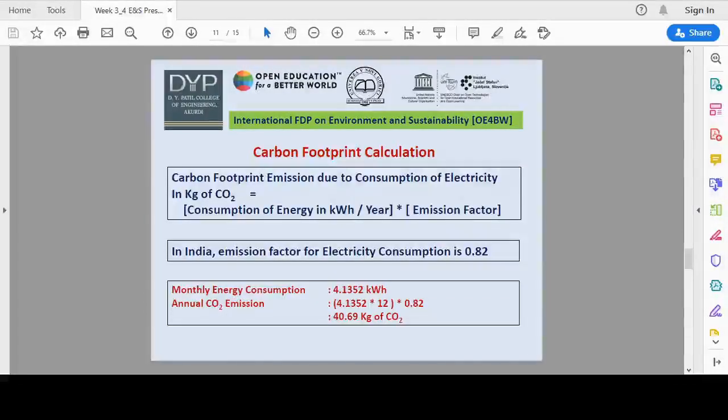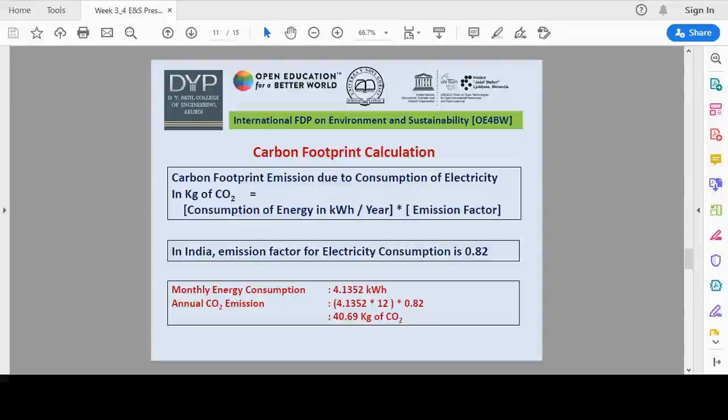The carbon footprint emission due to consumption of electricity, in kg of carbon dioxide, is calculated by the consumption of energy in kilowatt hours per year multiplied by the emission factor. In India, the emission factor for electricity consumption is 0.82.